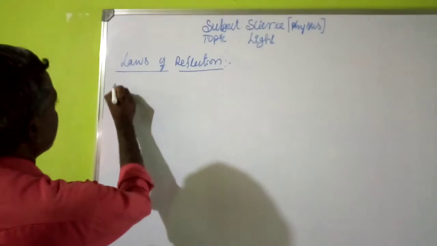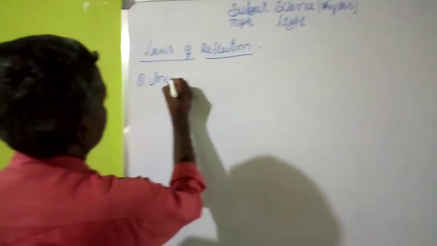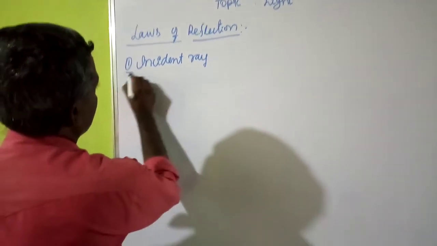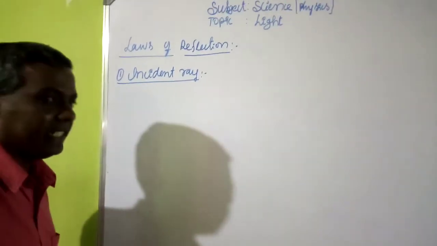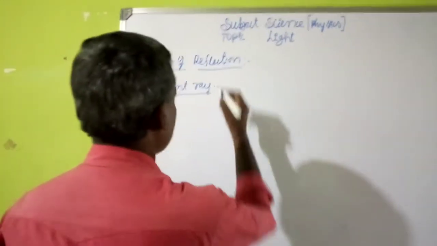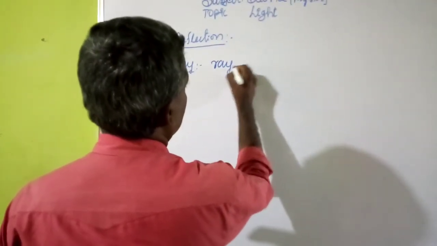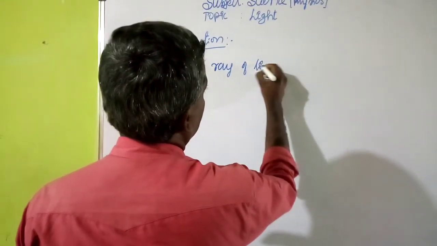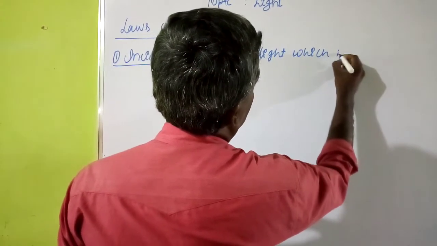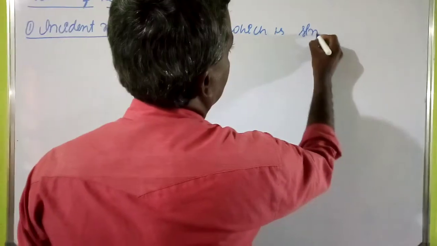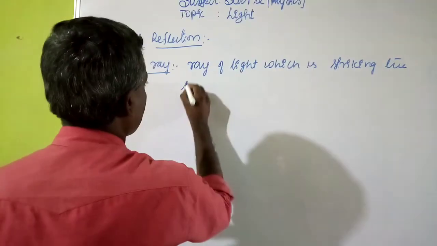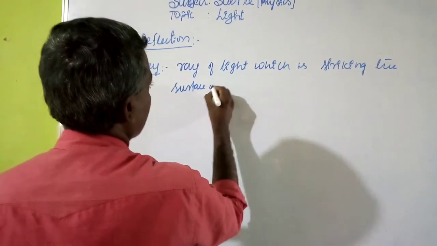In this, the first concept is the incident ray. Dear students, what is meant by incident ray? Incident ray means the ray of light which strikes the surface of an object.